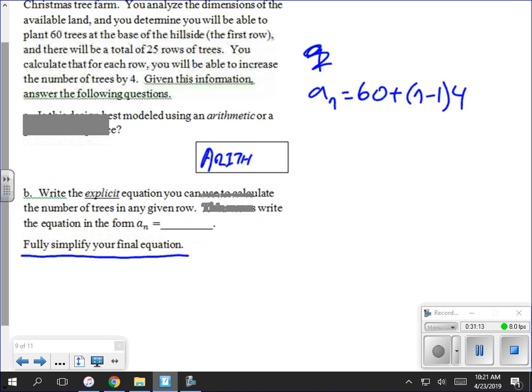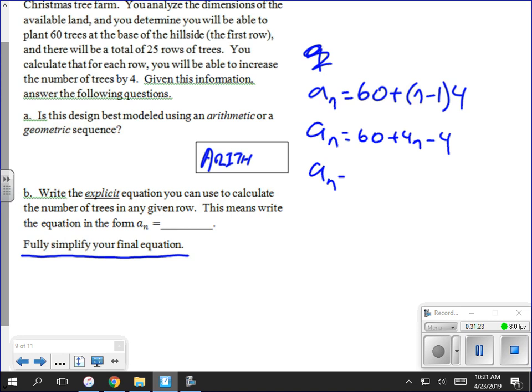That is not simplified. Distribute the 4. A sub n is equal to 60 plus 4n minus 4. A sub n is equal to 4n plus 56. Distribute, combine like terms, fully simplified.